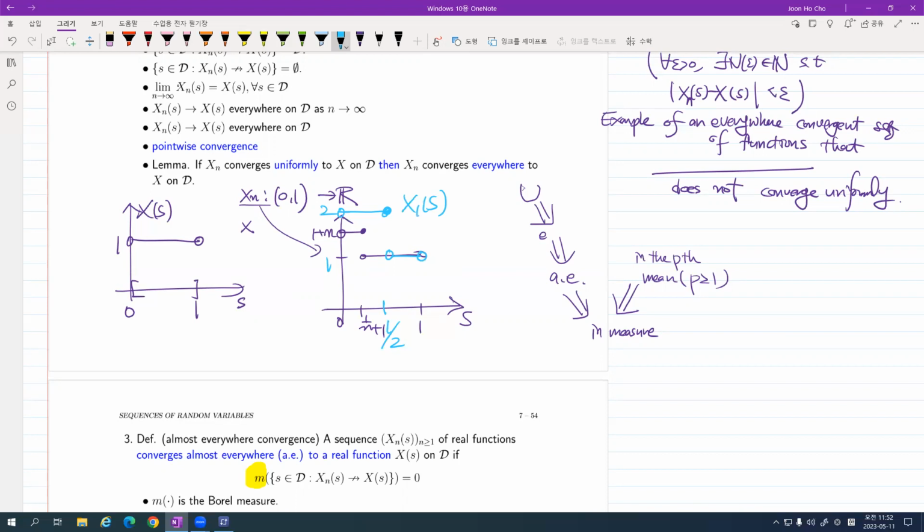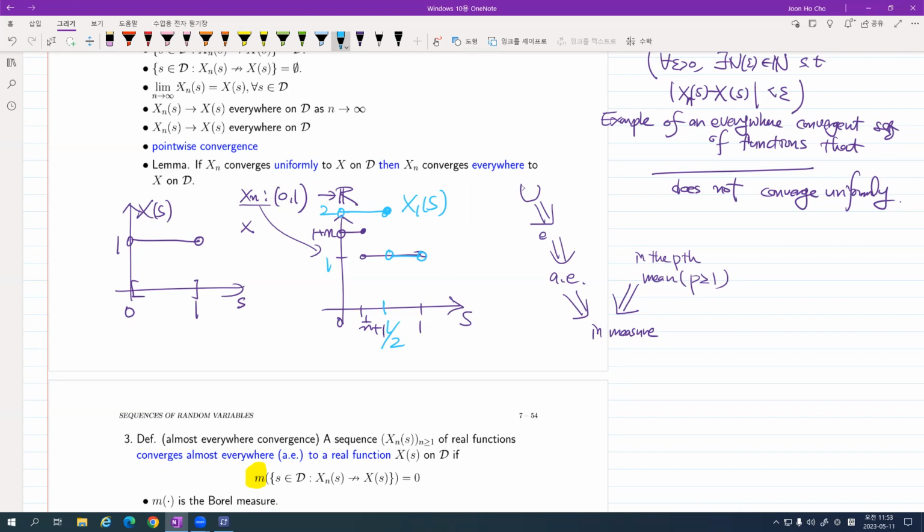Now, we are interested in some number here. Let's choose some arbitrary s on this interval, for example 1/3. What happens? At 1/3, your x_1 of 1/3 is what? First, 2, right?